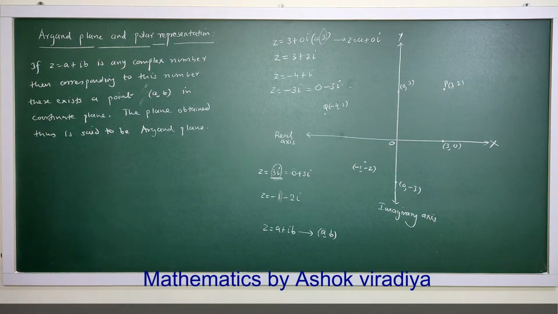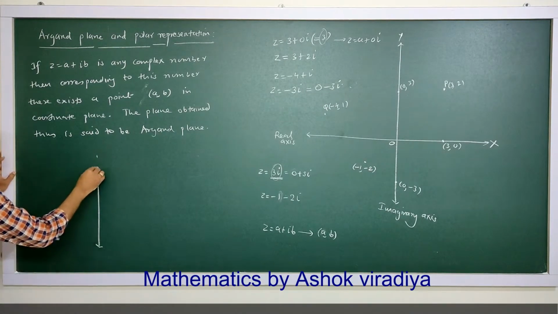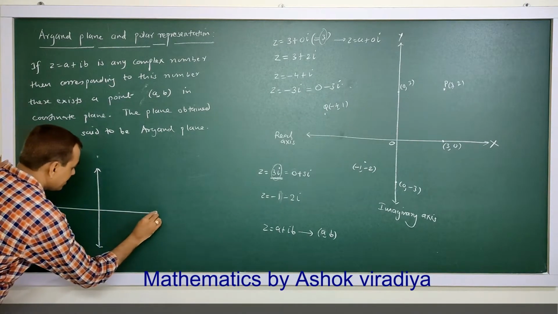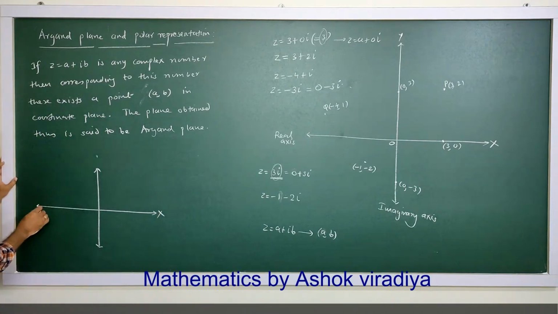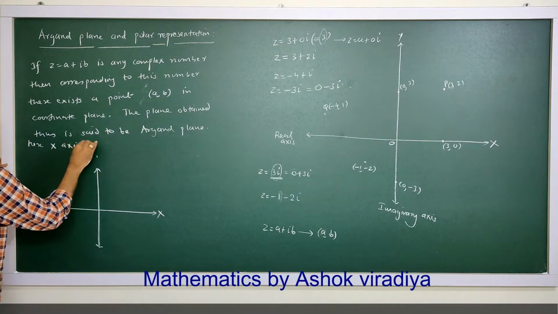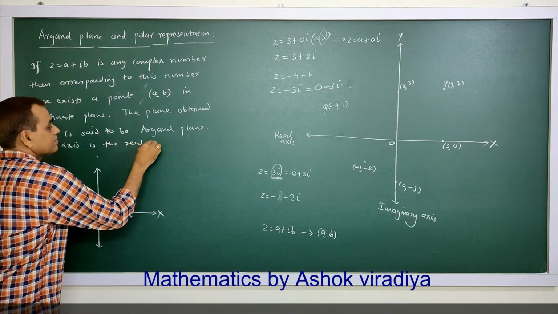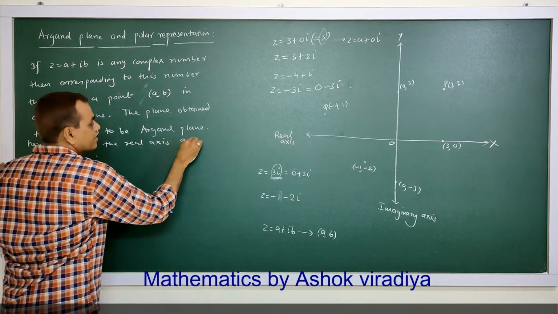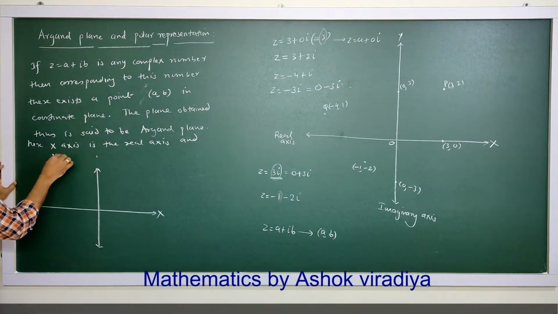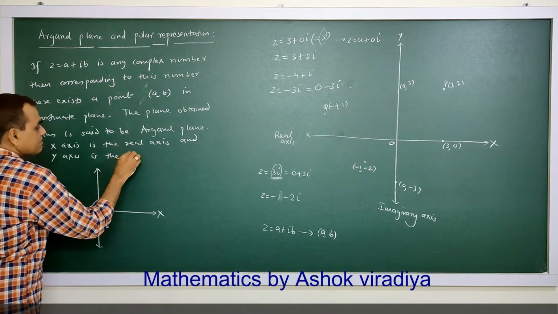So in general, this line is the imaginary axis, this line is the real axis. Here the x-axis is the real axis and the y-axis is the imaginary axis.